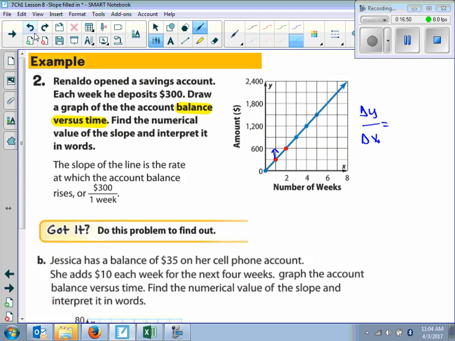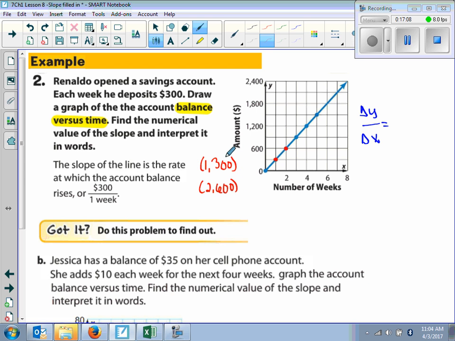If I look at these 2 points here, let's write the coordinates: (1, 300) and (2, 600).